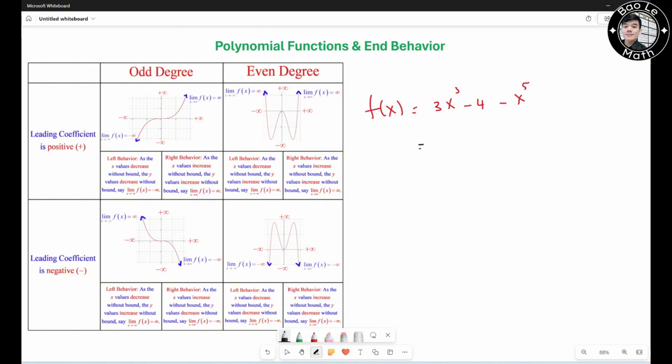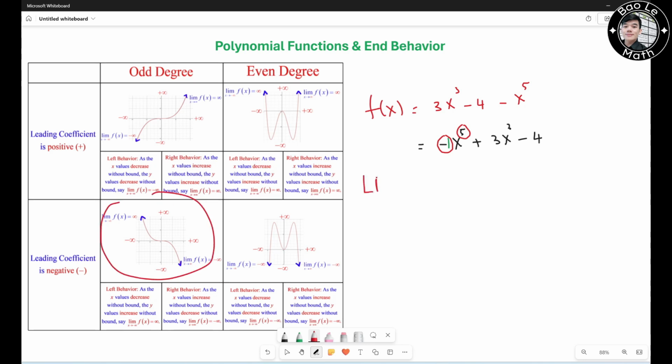It could be negative s to the power of 5 plus 3s to the power of 3 minus 4. And then I see that the leading coefficient right here should be negative 1. So this leading coefficient is negative and this is an odd power. So we're going to use this one right here.